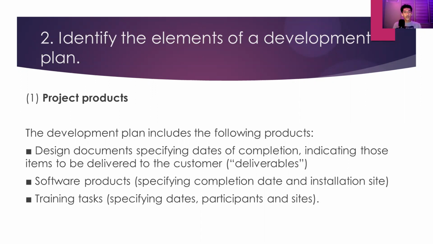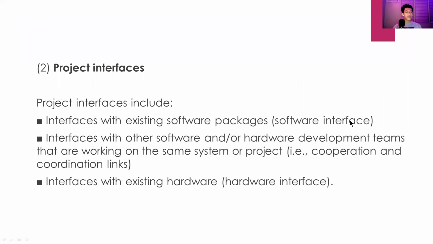Second is software products. What are the software products? Specifying completion date and installation site. And lastly, the training task, specifying dates, participants, and sites. Second is the project interfaces. Project interfaces include interfaces with existing software packages, or what we call software interface.